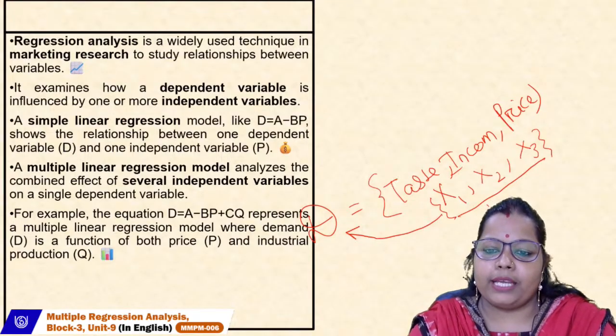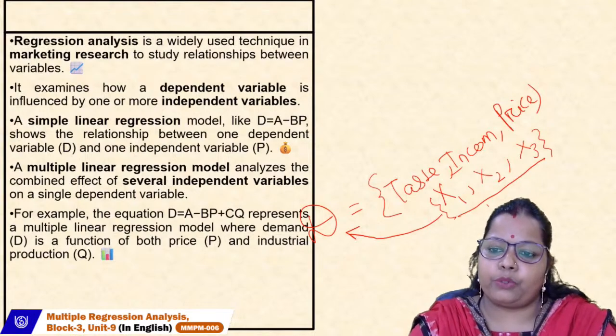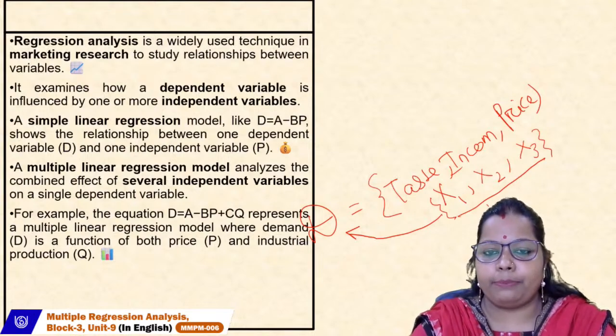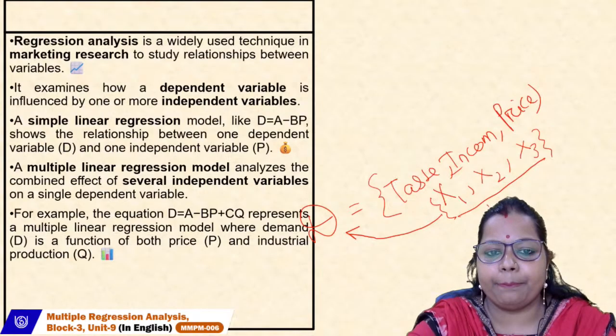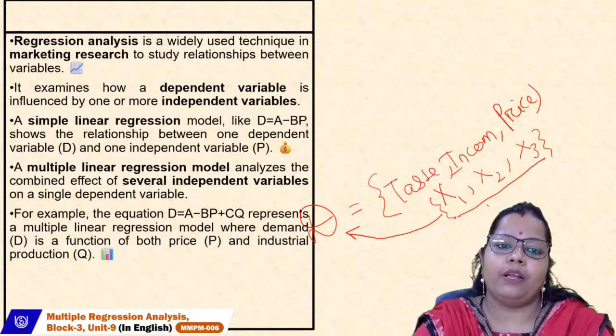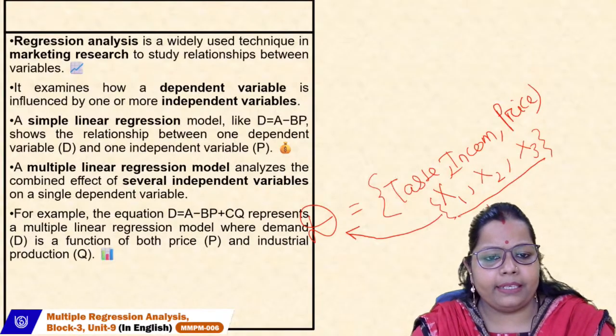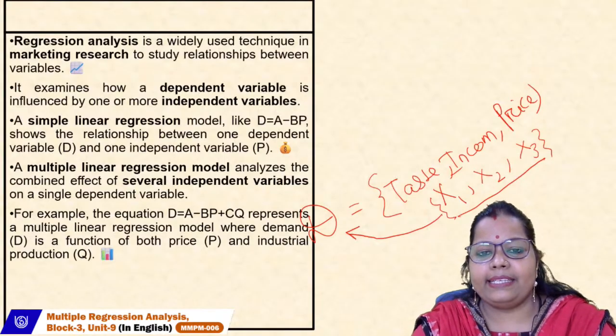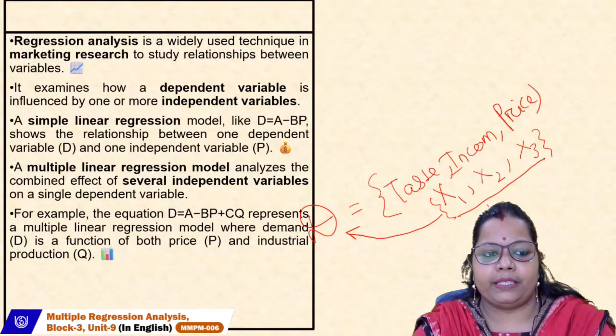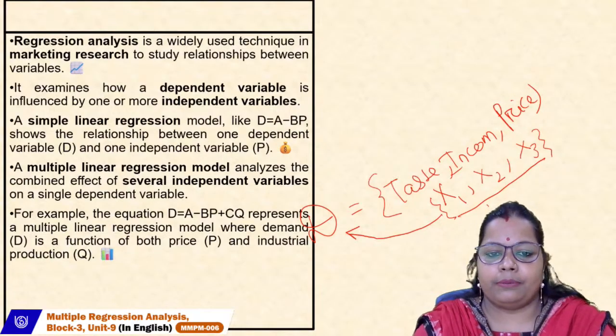Here we are interested in calculating the multiple, or combined, impact of these independent variables on the dependent variable D. In a simple linear regression model, like D = A - BP, it shows the relation between one dependent variable D and one independent variable P.